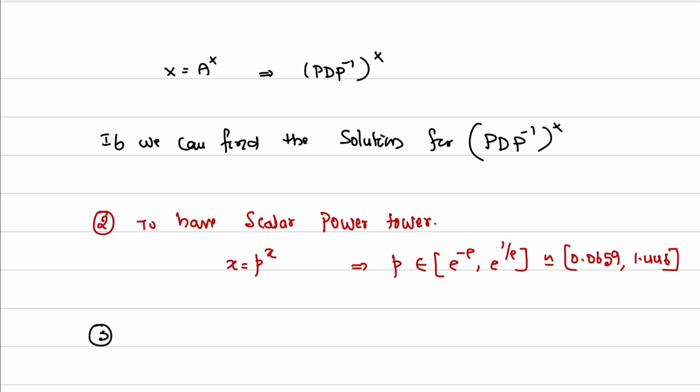Let us assume, don't worry, we don't know what A is. Let A is equal to some scalar into the unit matrix, because the matrix should be diagonalizable. That means whatever matrix A is given, it should be represented in a diagonal form, and let that be some scalar into the unit matrix. The unit matrix is a diagonal matrix.